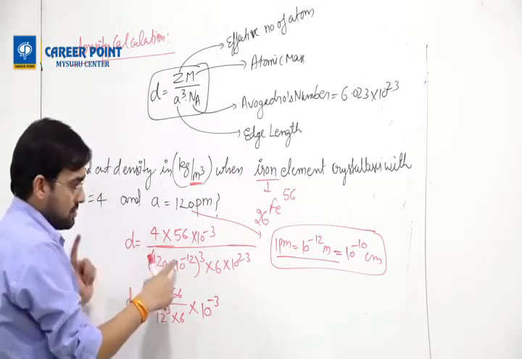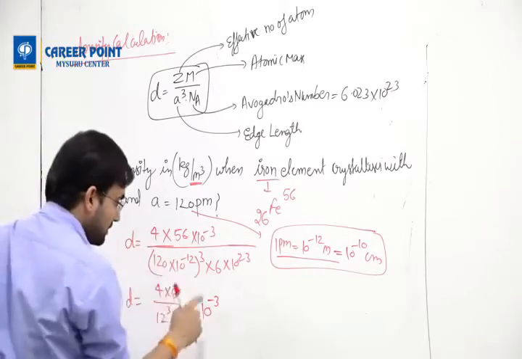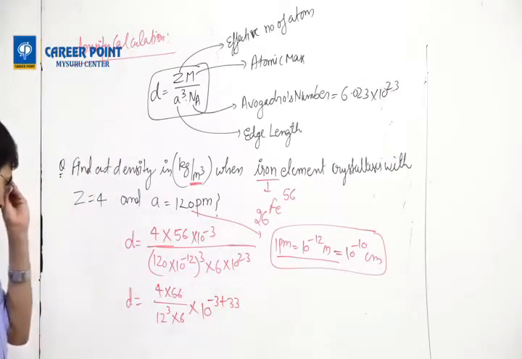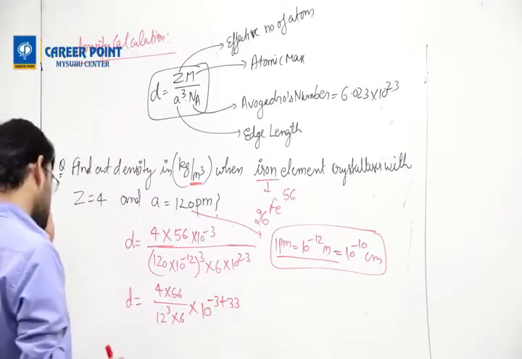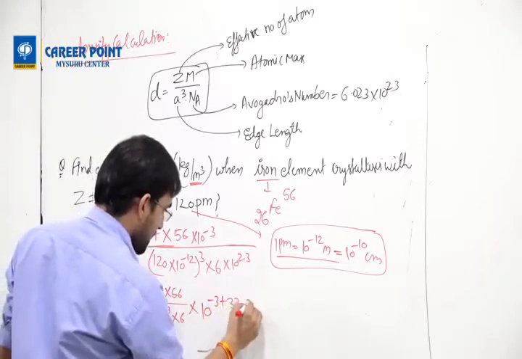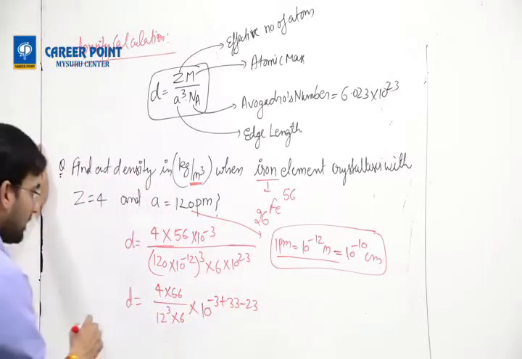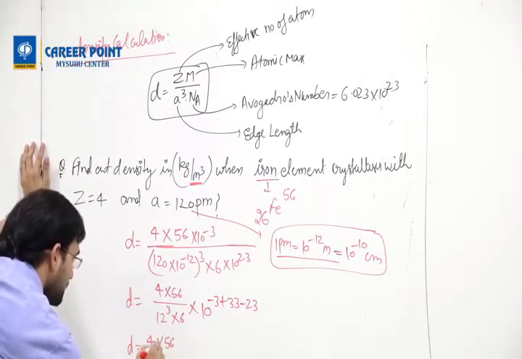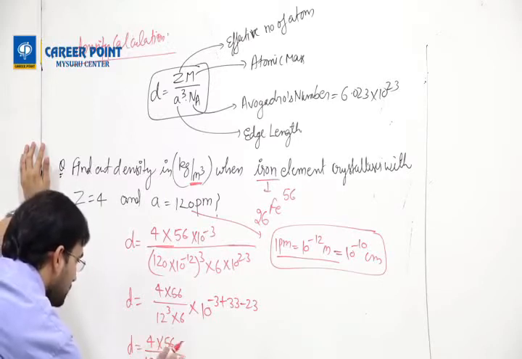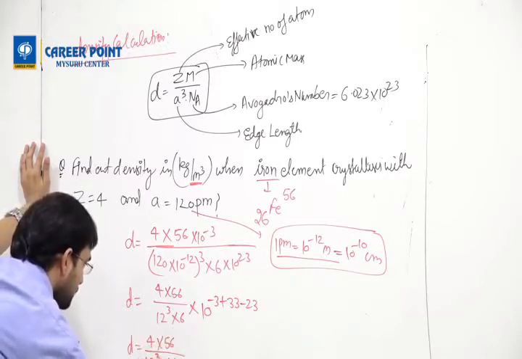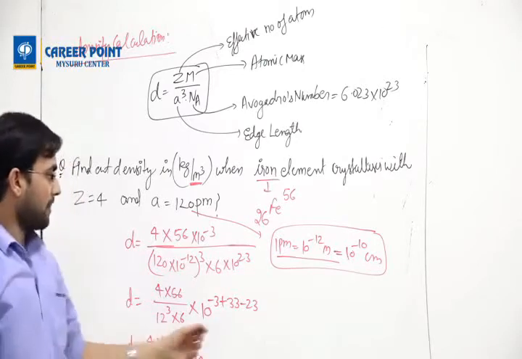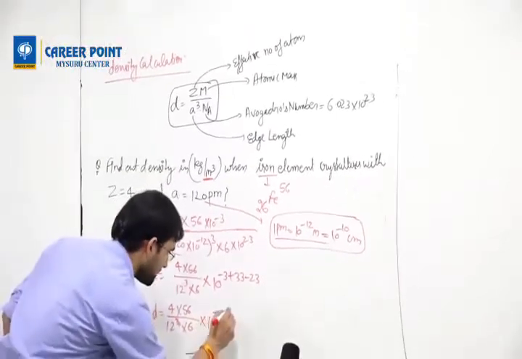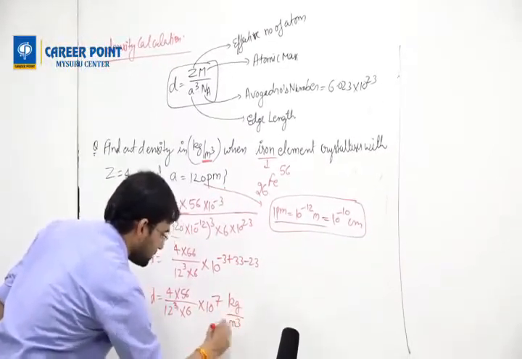So 10 power 1 minus 12 is minus 11, power 3 is minus 33, which goes to numerator as plus 33, and minus 23. Okay, so what do we get? D equals to 4 into 56 by 12 cube into 6 into 10 power 7 kg per meter cube.